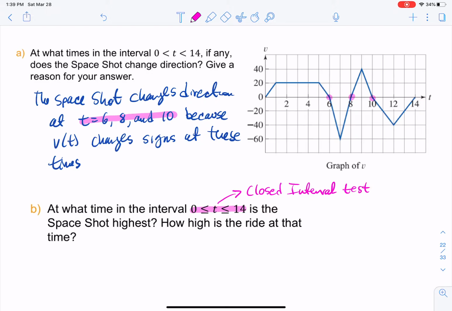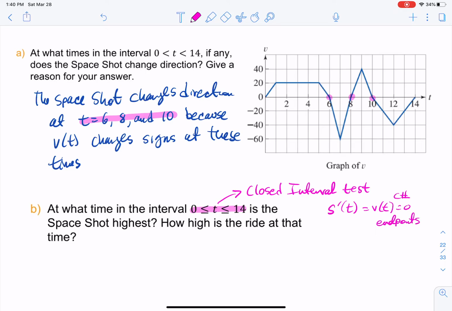Those candidates are where our position function's derivative, which is v of t, is equal to 0, so our critical numbers, and then also our endpoints. That's what we've got to check.